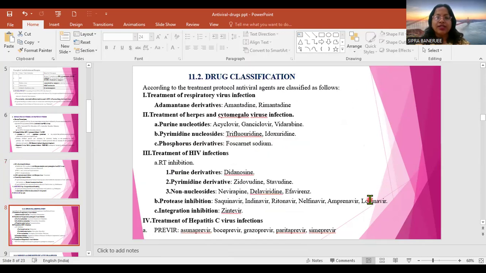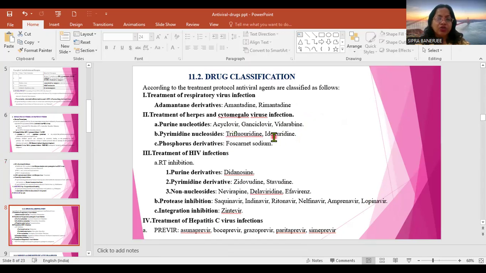Now coming to drug classification, that is, the drugs classified according to virus replication. The drugs are classified according to the infection: treatment of respiratory virus infection, treatment of herpes, and treatment of HIV infection. For the treatment of respiratory virus infection, adamantane derivatives, amantadine, rimantadine.